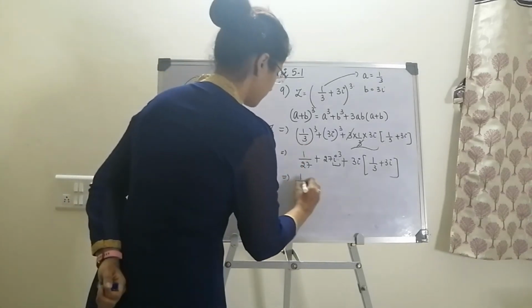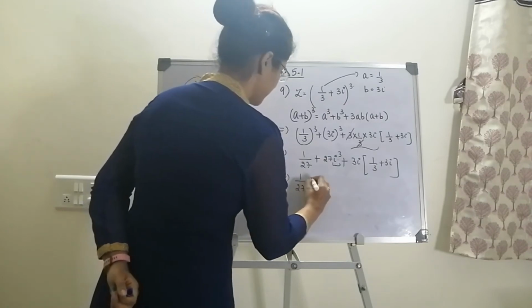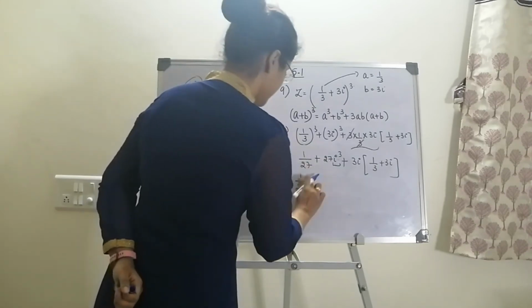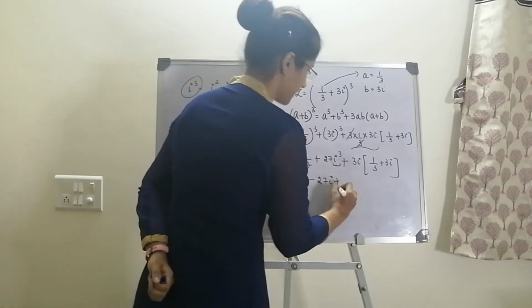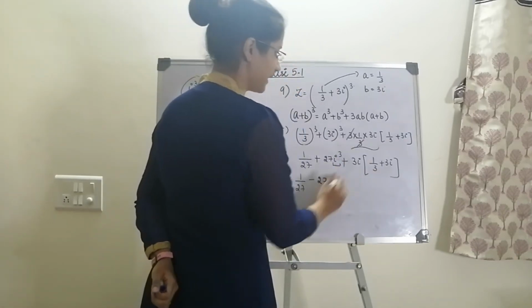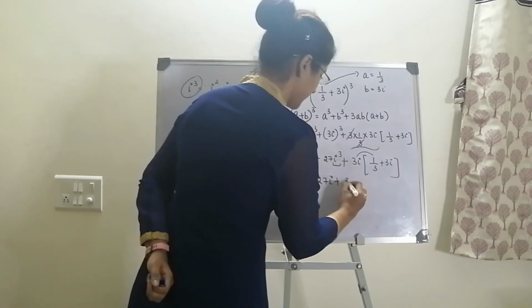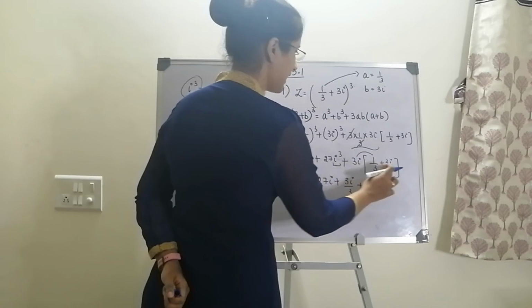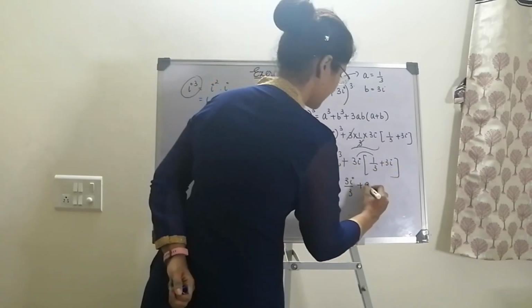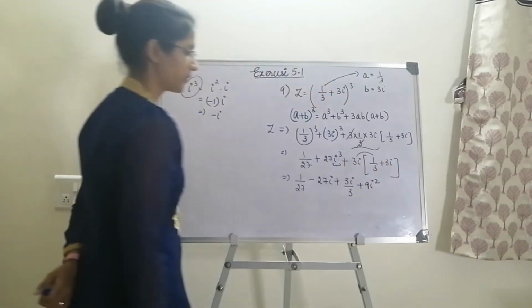I will substitute. So 1/27 into minus i is nothing but minus 27i, plus, I will expand the bracket, 3i divided by 3 plus 3i into 3i will give me 9i^2.